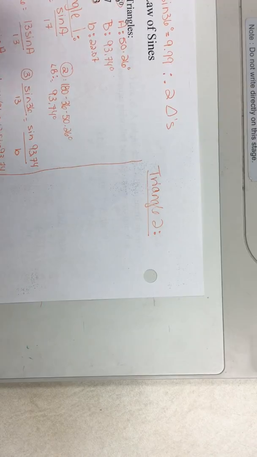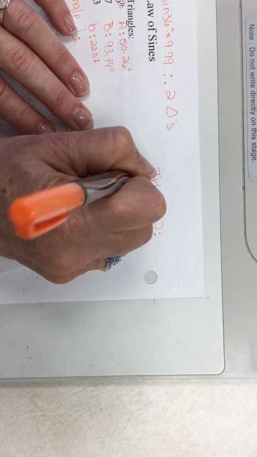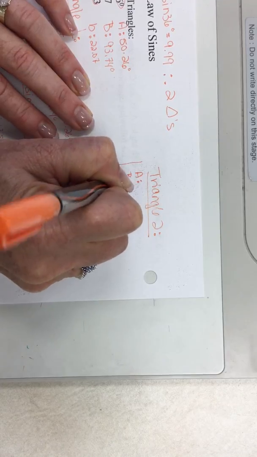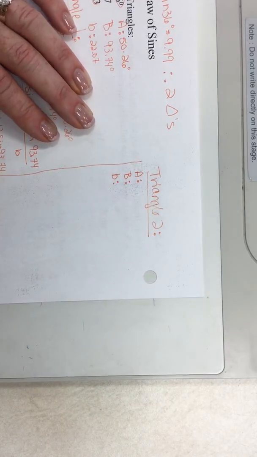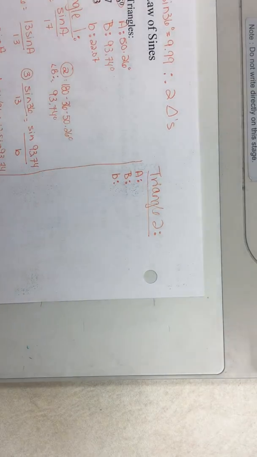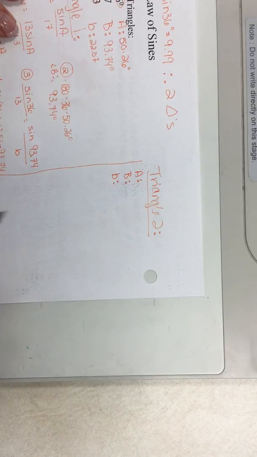So again, we are still looking for angle A, we're looking for angle B, and we're looking for side B. Okay, those are still my unknowns. That's still what I need to find. And again, off video, I'm going to show you a manipulative to where I can show you these angles, and it might make just a little bit more sense.